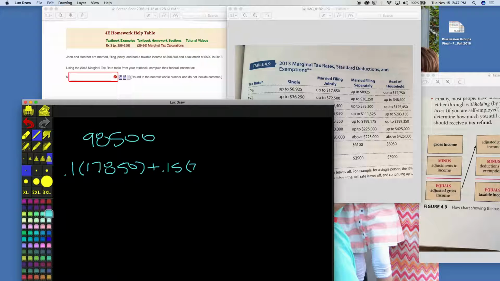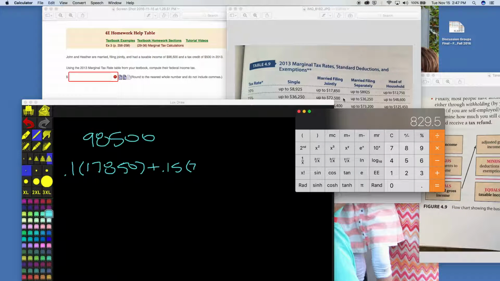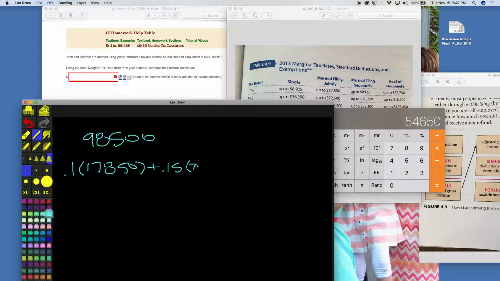I'm going to do this on my calculator so I don't have to write it out again. That gives me 54,650.